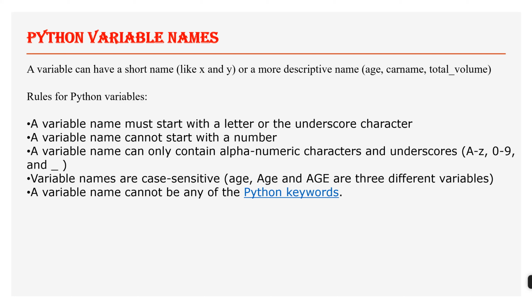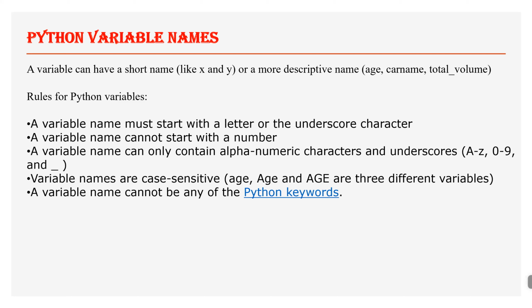But normally in the programming environment, we give descriptive names so that by looking at the variable, we understand the role of that variable. For example, age is a variable. By that, what do we come to know? Age relates to the age of a person. It's a numeric value. So car name, total volume, these are all meaningful variable names.